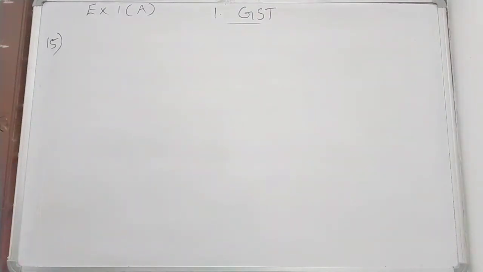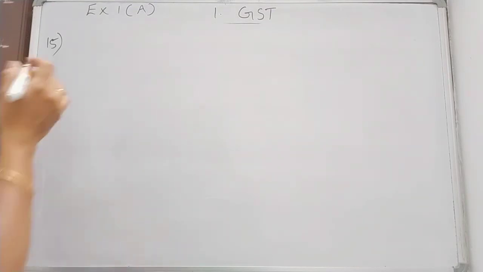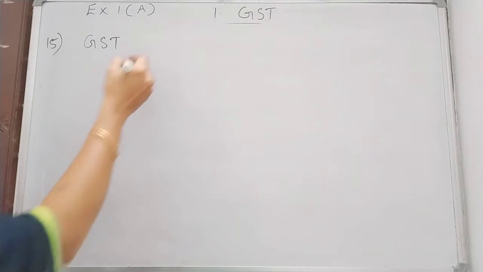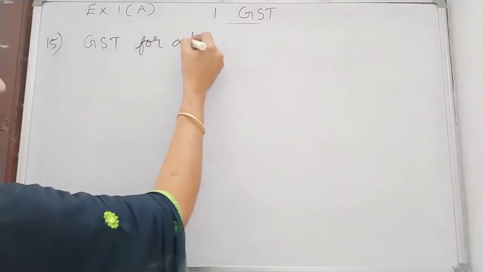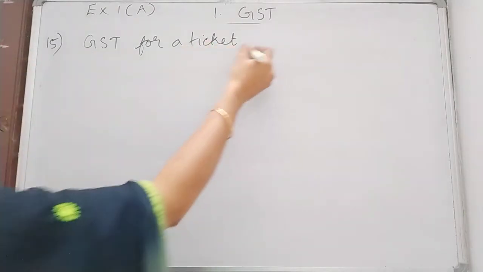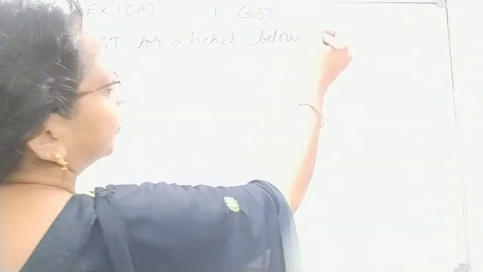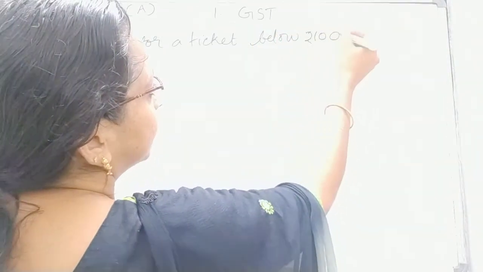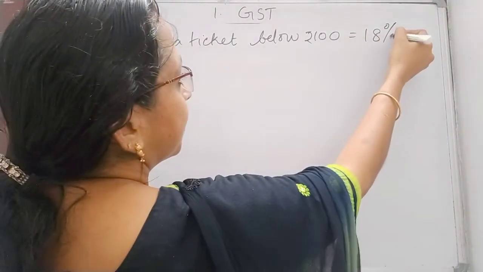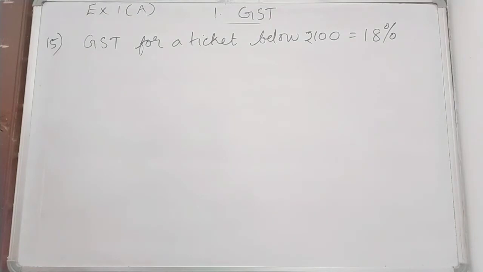GST for a ticket below rupees 100 is given as 18%. So write down, GST for a ticket below 100 is 18%. To avoid confusion, I am writing all these steps.